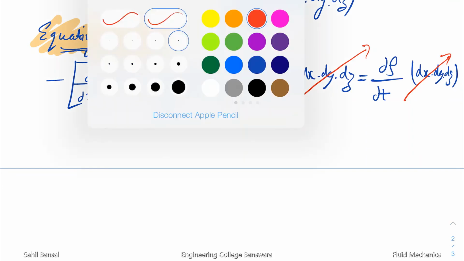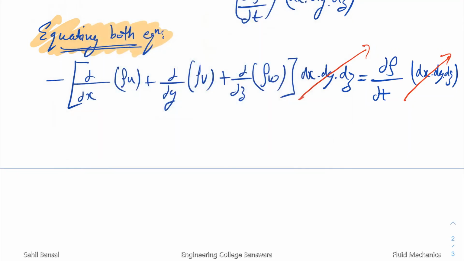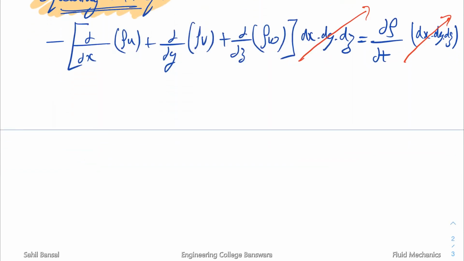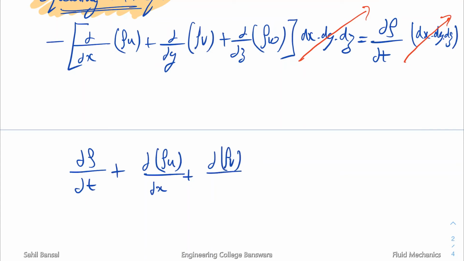What will be the final equation? From here we will get the continuity equation in 3 dimensions. What's that equation? Del rho by del t plus del of rho u by del x plus del of rho v by del y plus del of rho w by del z, equal to 0.